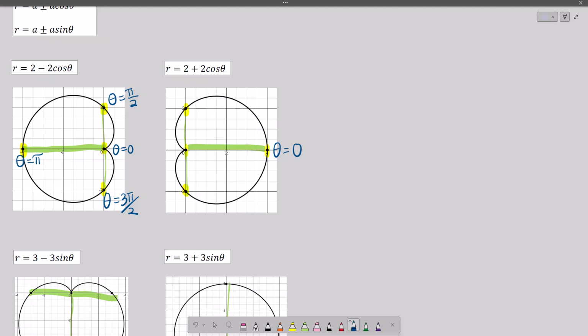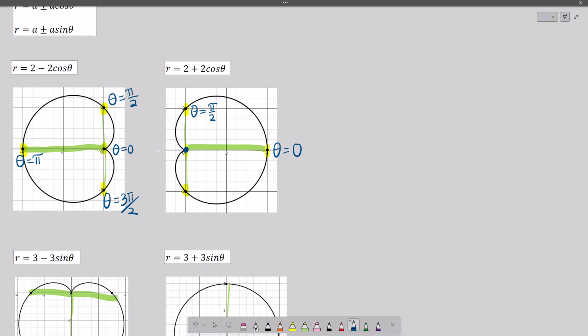So in the pi over 2 direction, we are going to go 2 units away from the origin. And then we rotate over to pi. Cosine of pi is negative 1. So we're going to get 2 minus 2, which is 0. So in the pi direction, we go 0 from the origin, which leaves us at the origin.